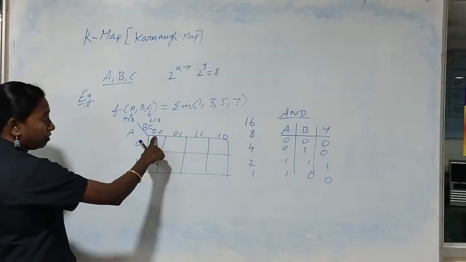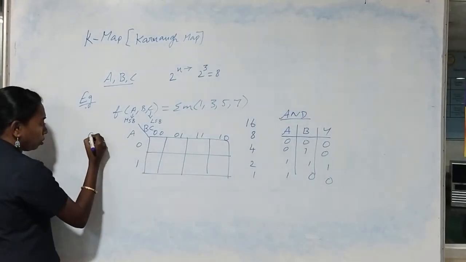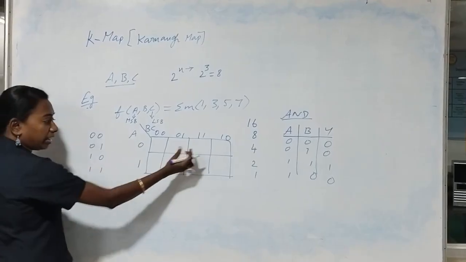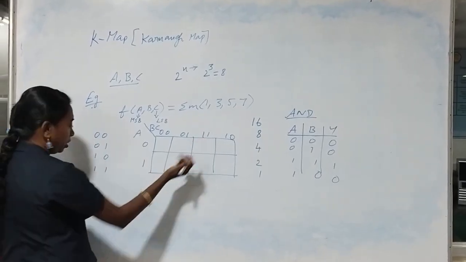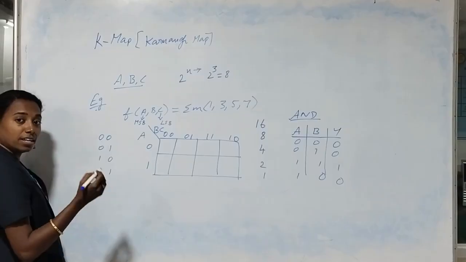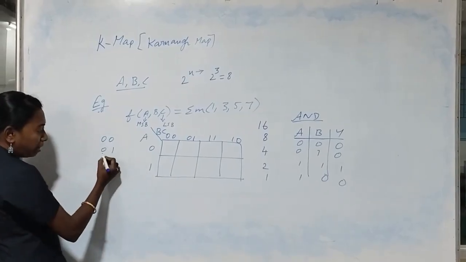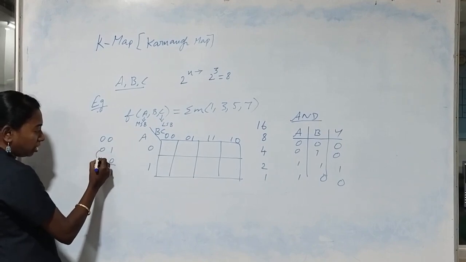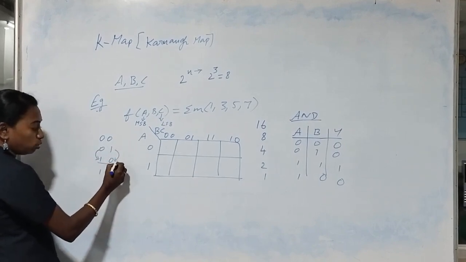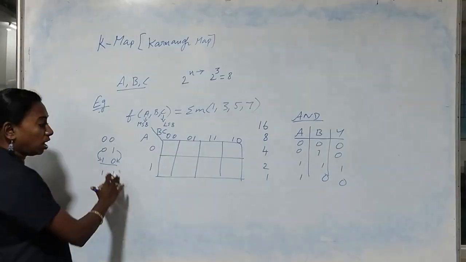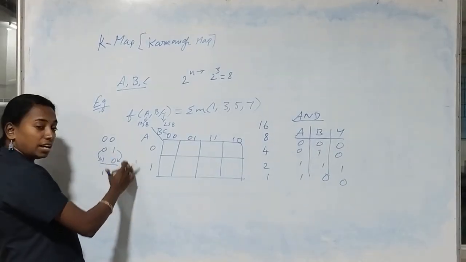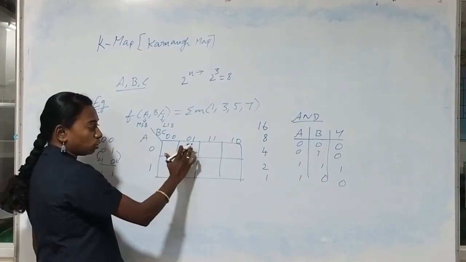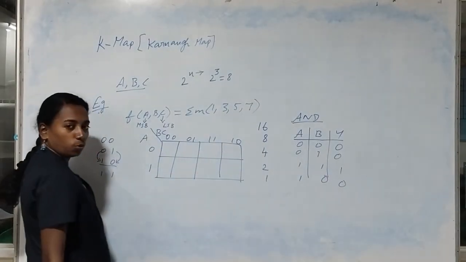In general, we write these combinations as 00, 01, 10 and 11, but here I am writing 11 before 10. This is because there should always be a single bit change. If I write 10 after 01, the 0 bit changes to 1 and the 1 changes to 0 at the same time. This should not happen. So to make a single bit change, I am writing 00, 01, 11 and 10.